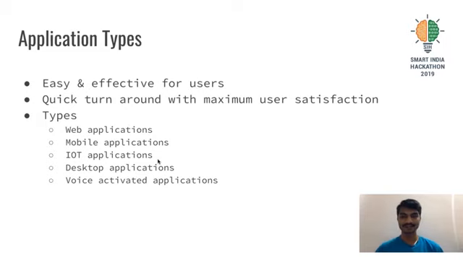Otherwise, if it is taking a lot of time to implement and get into the market, there is a lot of possibility that the system will get outdated by the time it comes to the market. So it's better to come into the market as quickly as possible. There are so many factors which we need to consider before selecting what kind of application we are going to create.